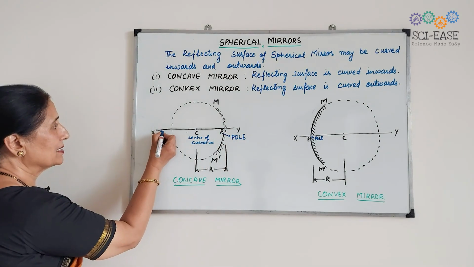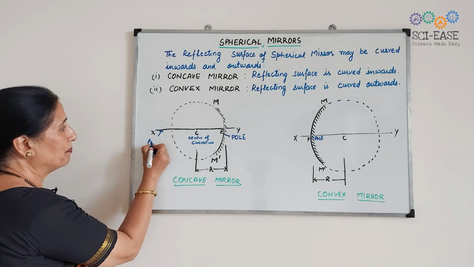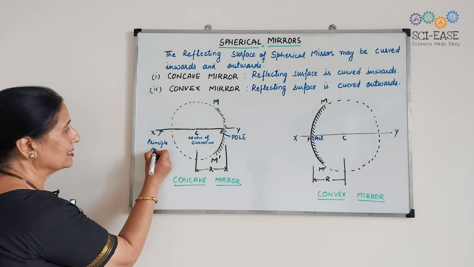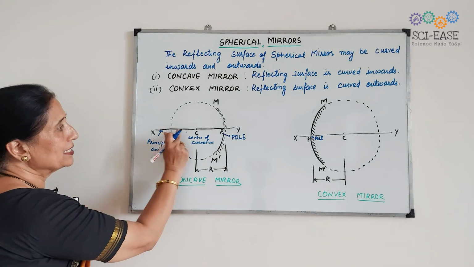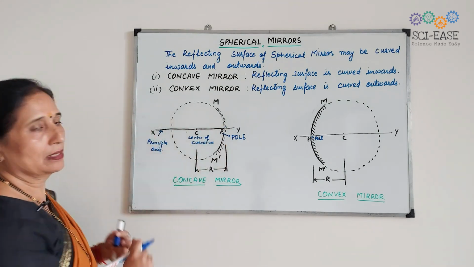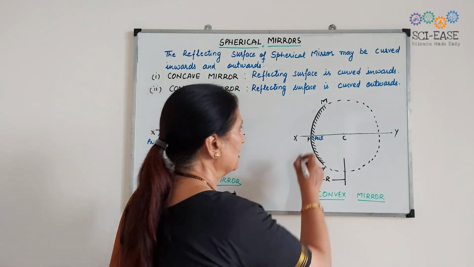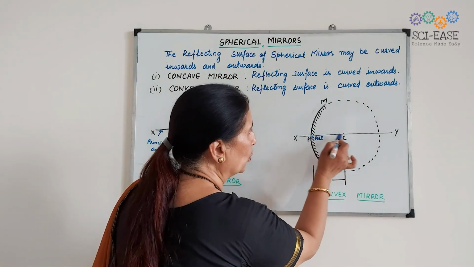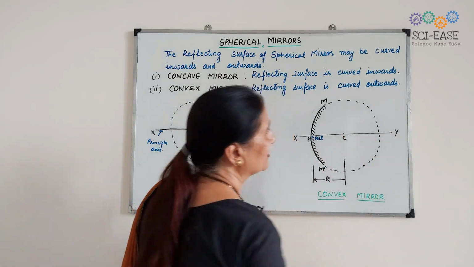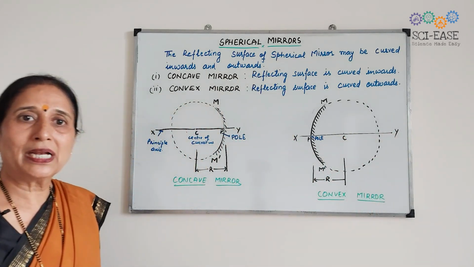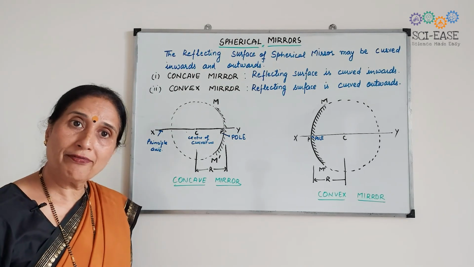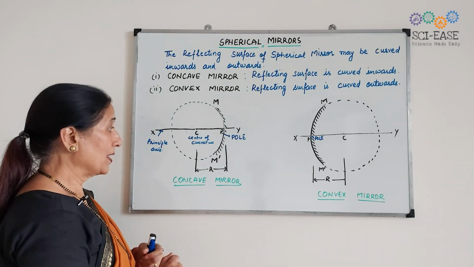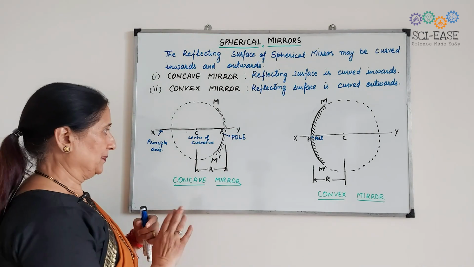This is the principal axis, and this line is normal to the pole. In the same way, this line which passes through the pole and center of curvature is the principal axis in the case of the convex mirror.